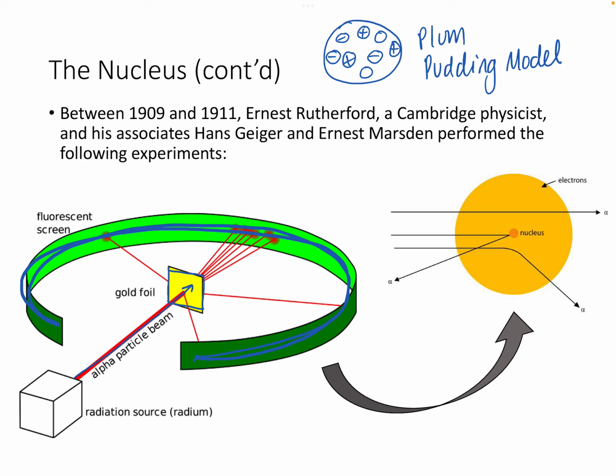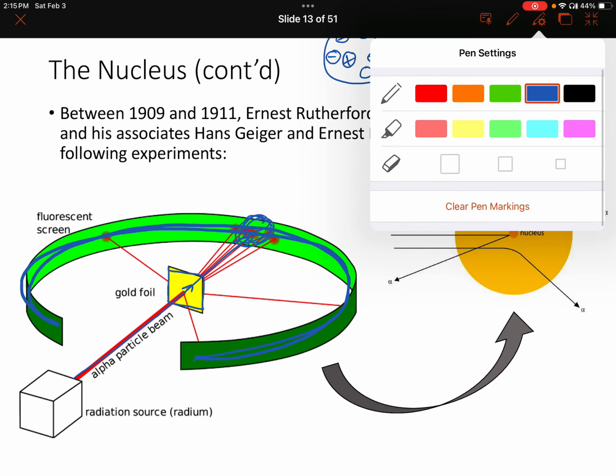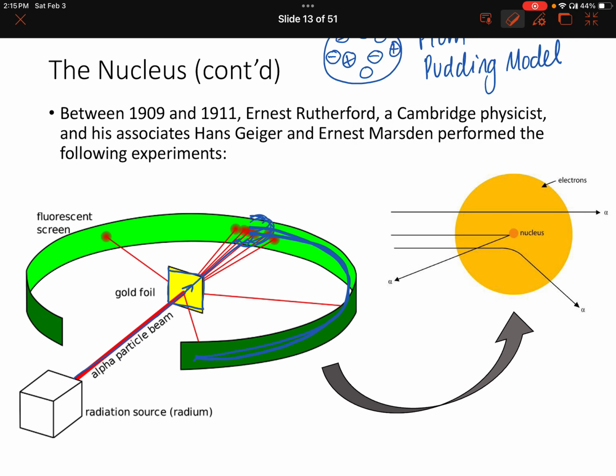Now, the thought was that if atoms do follow the plum pudding model, then all of these radiation particles would just go straight through. All of them would just end up at the same spot on the detector. However, what they found was that some of the particles went straight through.